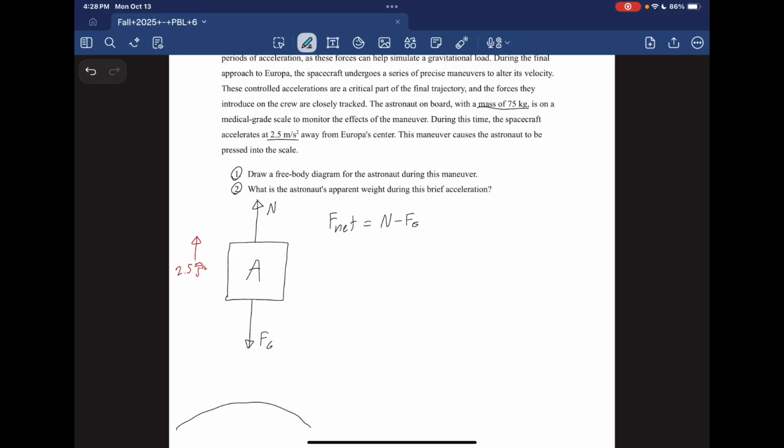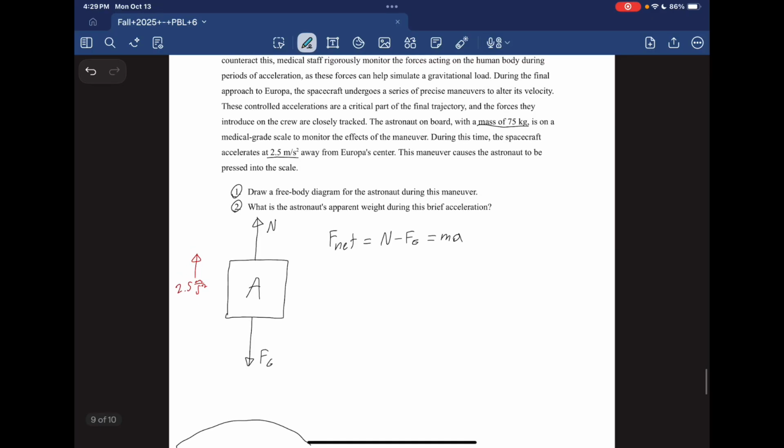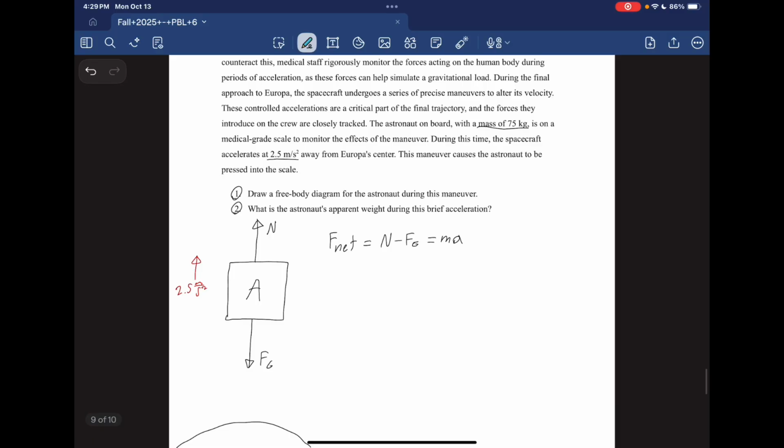And we know that the net force is not 0 because it is accelerating away from Europa's center. So to solve the problem, we can instead set it equal to the mass of the astronaut times the acceleration.